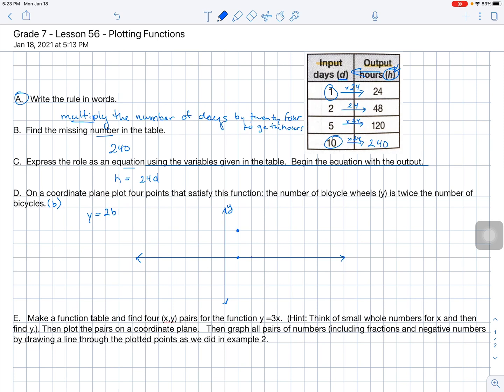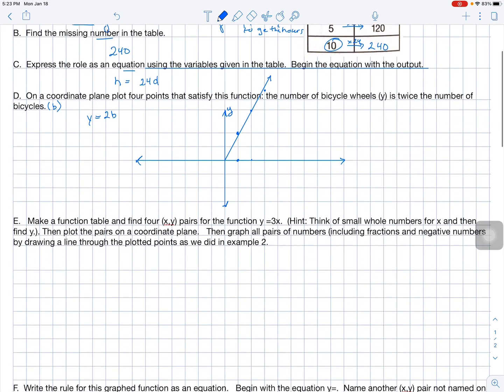If we have 2 bicycles, we have 4 wheels. If we have 3 bicycles, we have, oh, the lines are not showing quite up, but somewhere around there, 6 wheels. So if you look at our arrow, it would go up this way. So that's how you would graph it. It wouldn't go below 0 because if we have -1 bicycle, it doesn't mean we have -2 wheels.